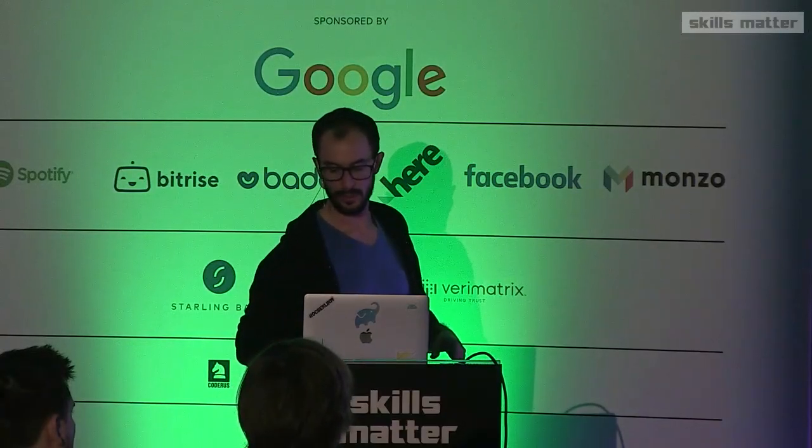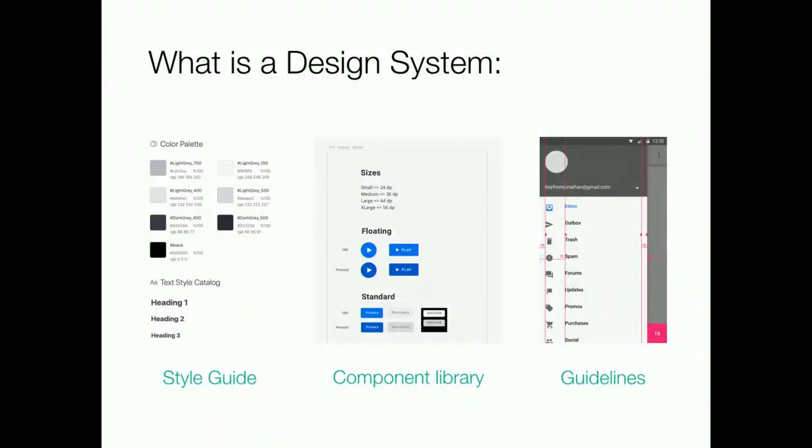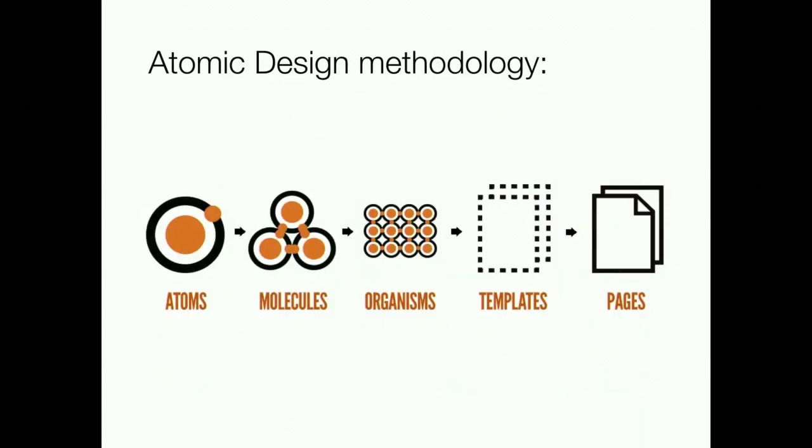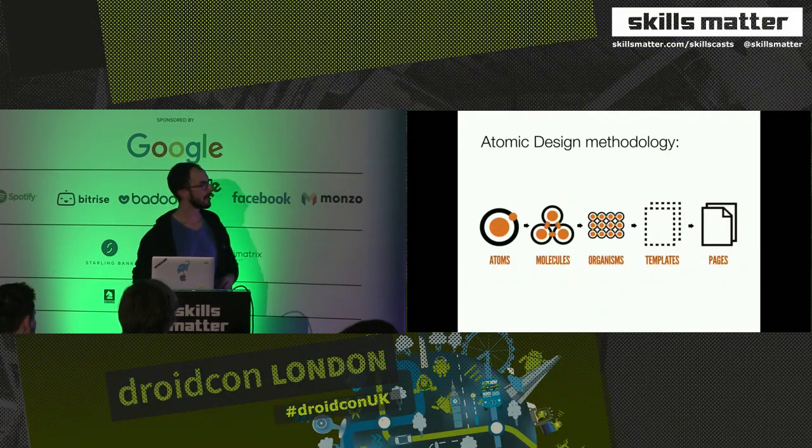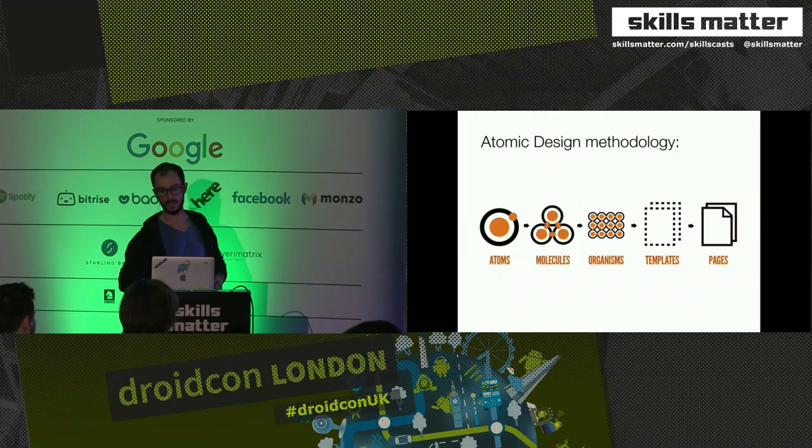Okay, so let's have a sum up of what we saw today. We saw what a design system is and what it is composed of: the style guide, component library, and guidelines. We had an overview of the atomic design methodology with the different layers: atoms, molecules, organisms, and the last stages with templates and pages.